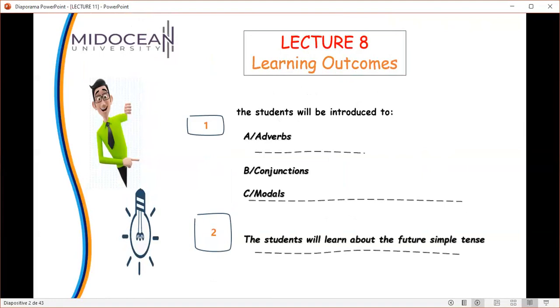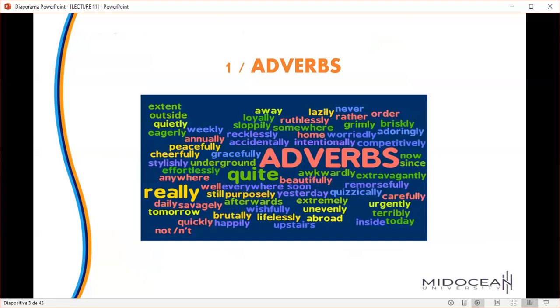So, in lecture 8, you will be introduced to part 1: A, adverbs, B, conjunctions, and C, modals, okay? Part 2, you will learn about the future simple tense. Okay, let's start with part 1, adverbs.